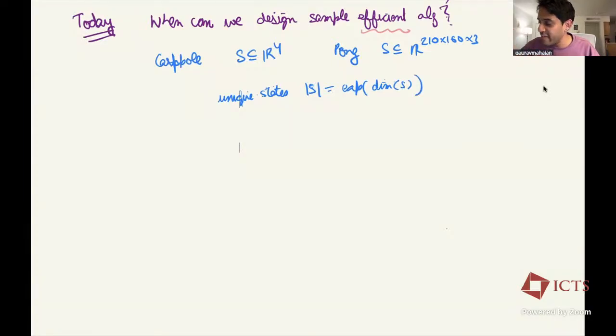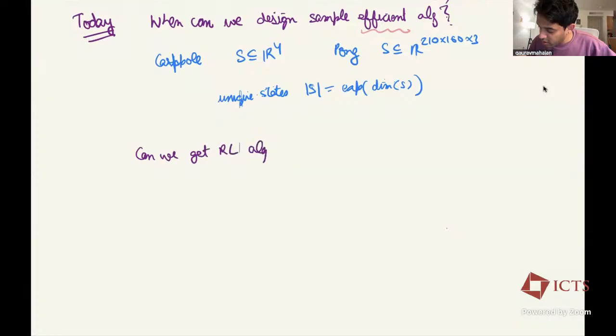So usually when we say efficient, we mean algorithms which interact with the environment at most polynomially many times.